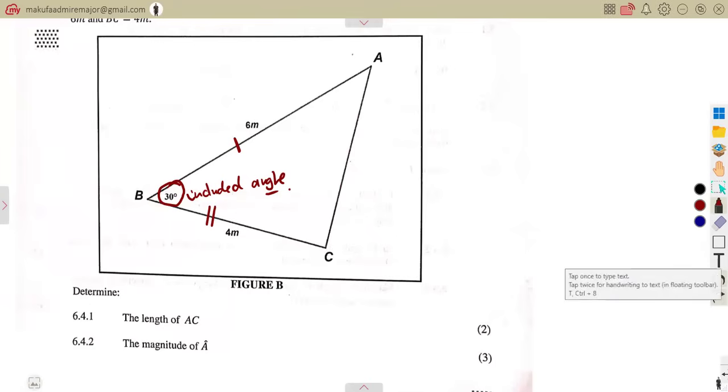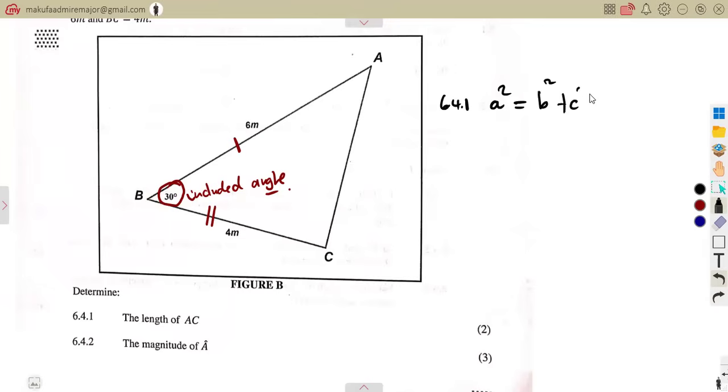And from that cosine rule, we saw in 6.41 that it states that A squared is equal to B squared plus C squared minus 2BC cos of A. A squared is the side that you're calculating, which is AC.